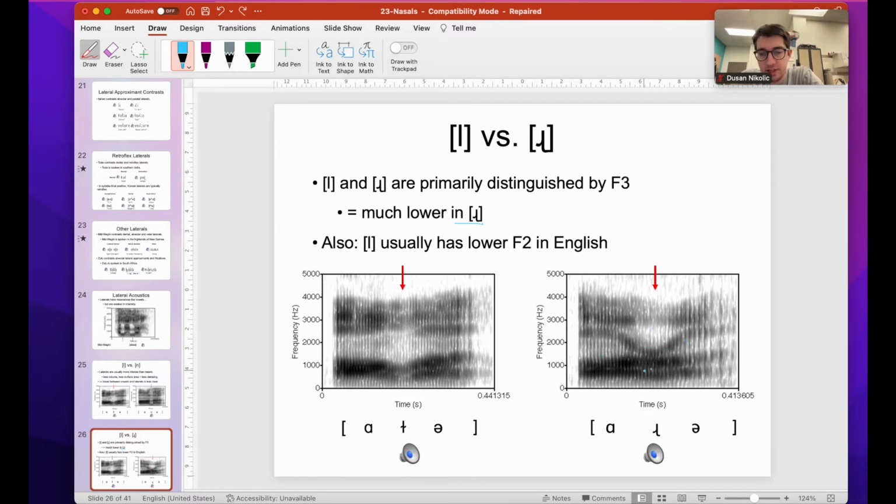For F1 and F2, these are pretty much the same, but F3 differs, and that's where you get your cue for R.